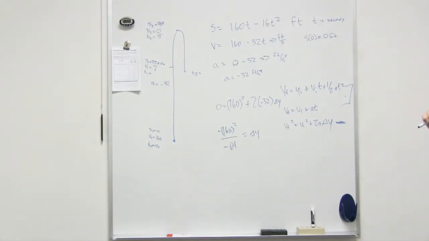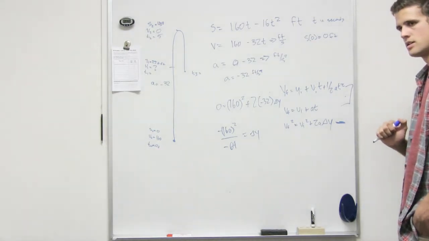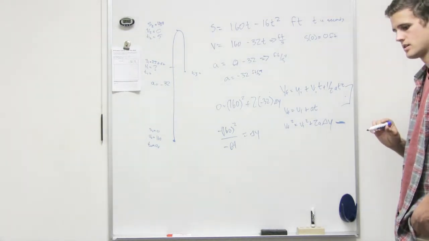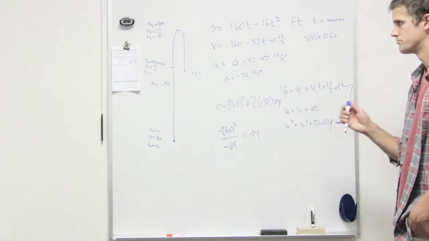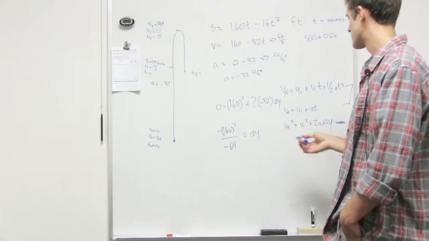Okay. So throw that in your calculator and see what you get. Negative 64 is 400. You already calculated that yet? Yeah. Okay. So this is just the difference.